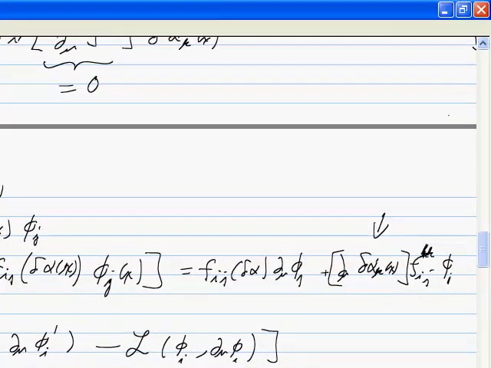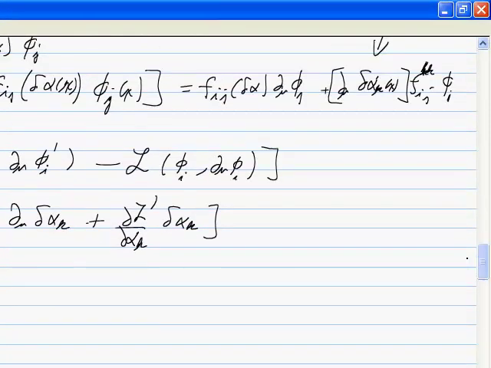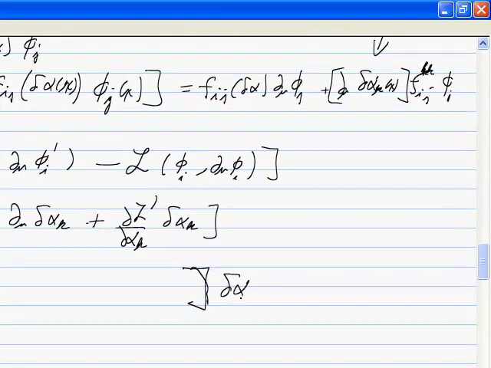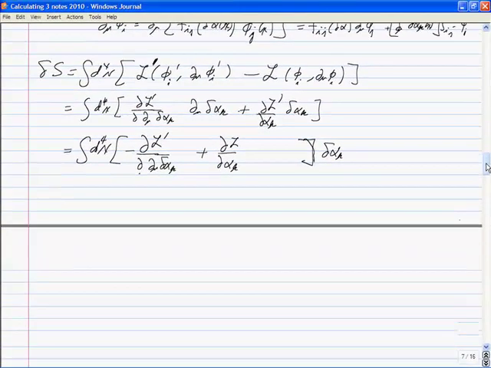Okay, and as always you do the following. You integrate by parts. This turns then into the integral d4x, delta alpha k can be factored out there. It becomes minus d mu of the derivative of the Lagrangian with respect to d mu delta alpha k. And then the second term is unchanged. So, there's nothing special about it.